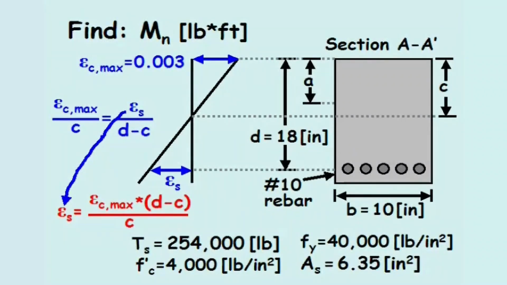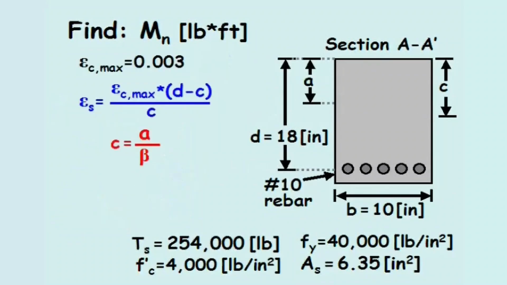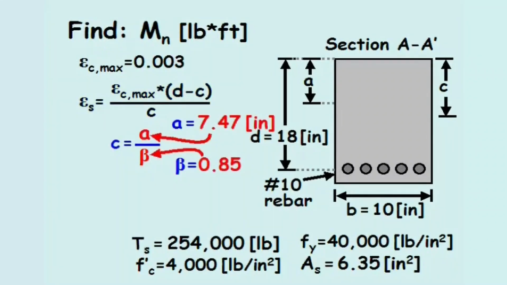From earlier, we calculated C equals A divided by beta. By plugging in our assumed 7.47 inches for A and 0.85 for beta, C calculates to 8.79 inches.